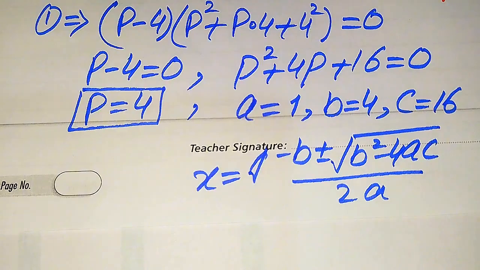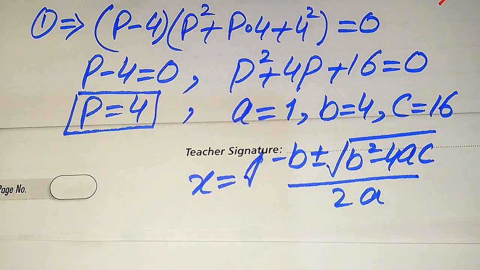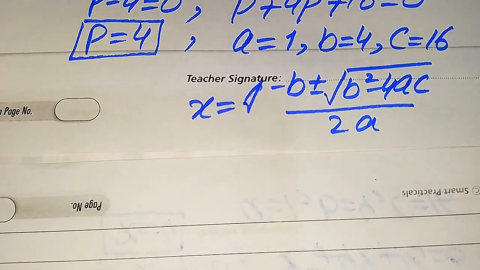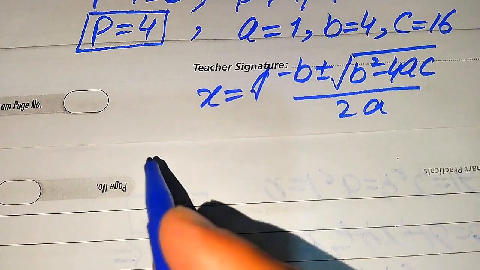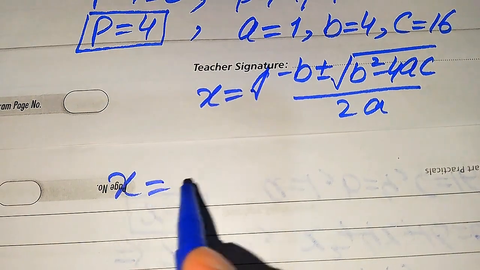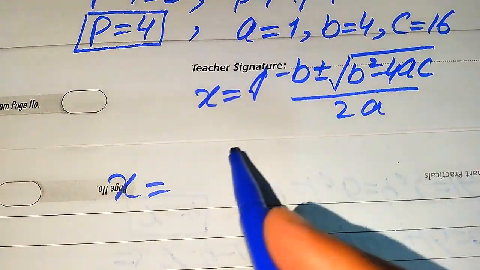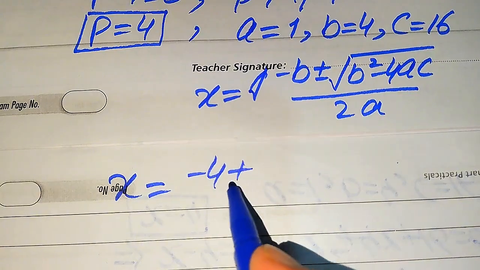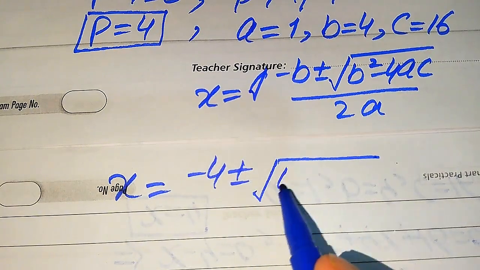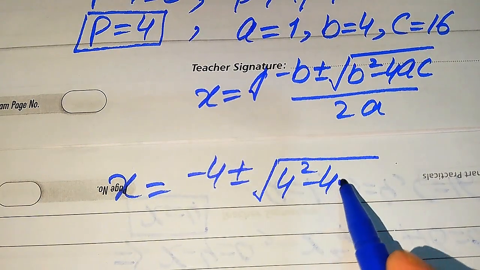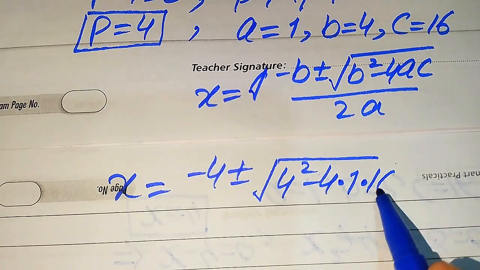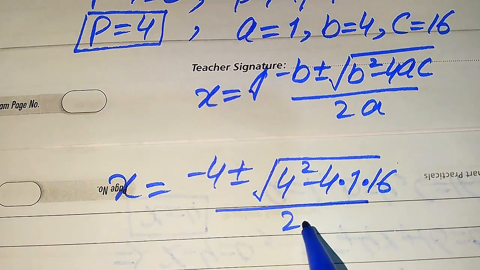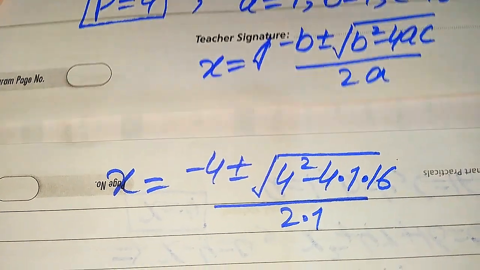So in the next step we need to substitute the values of a, b and c here. After substituting these values it will be written as x equals minus b, the value of b is 4, it becomes minus 4 plus minus square root of 4 square minus 4 times a and c, and it is divided by 2 times a.